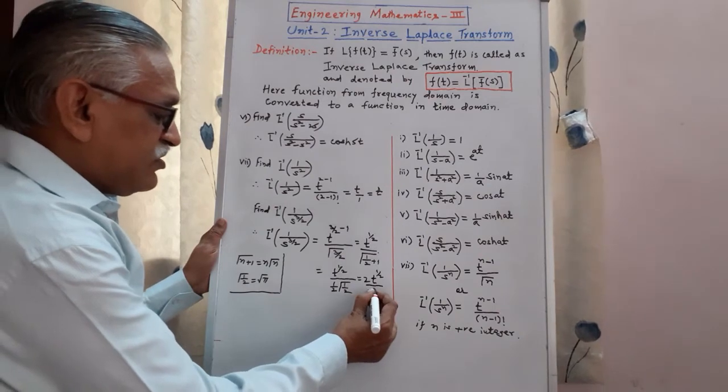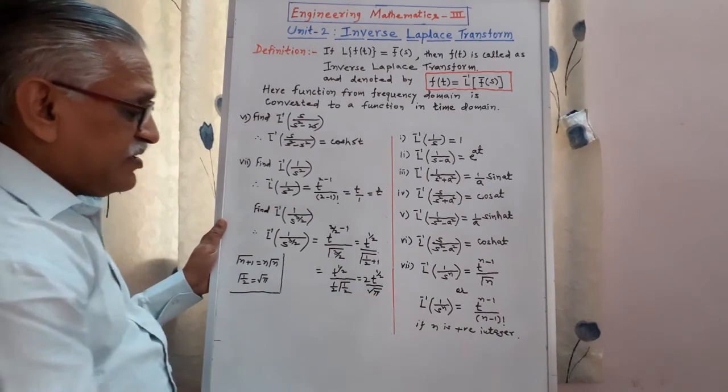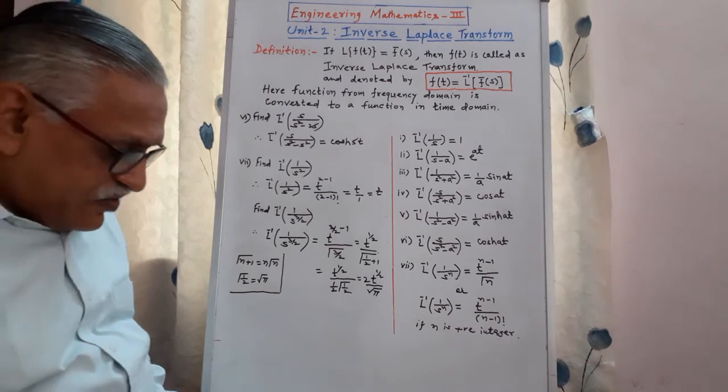The value of gamma 1 by 2 is root pi. Therefore this is the required inverse Laplace transform.